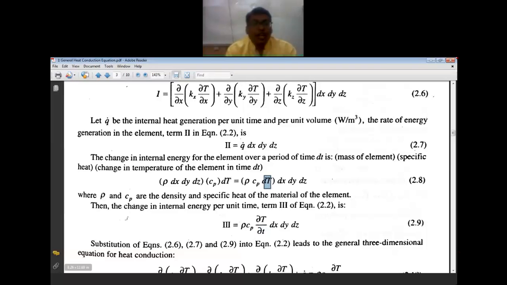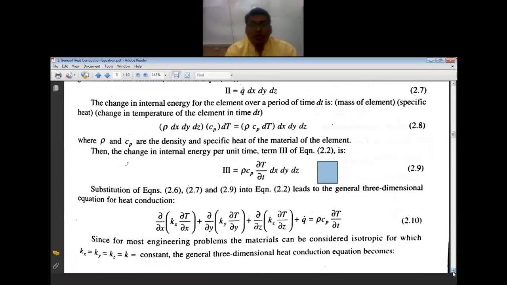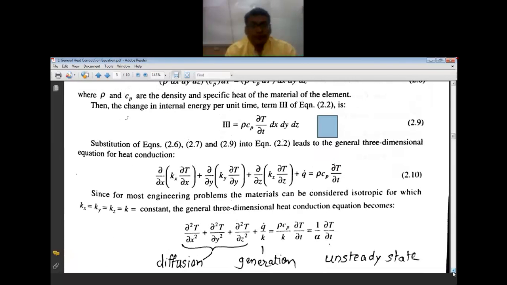That is the change in the internal energy per unit time. Here we have calculated the change in the internal energy. Here it becomes the change in the internal energy per unit time to make the units of watts. So all the three will have the units of watt.